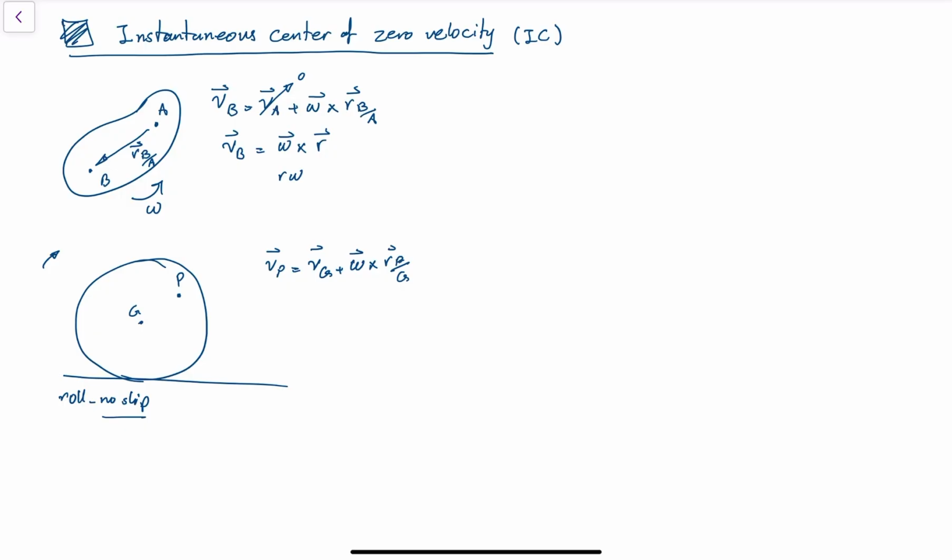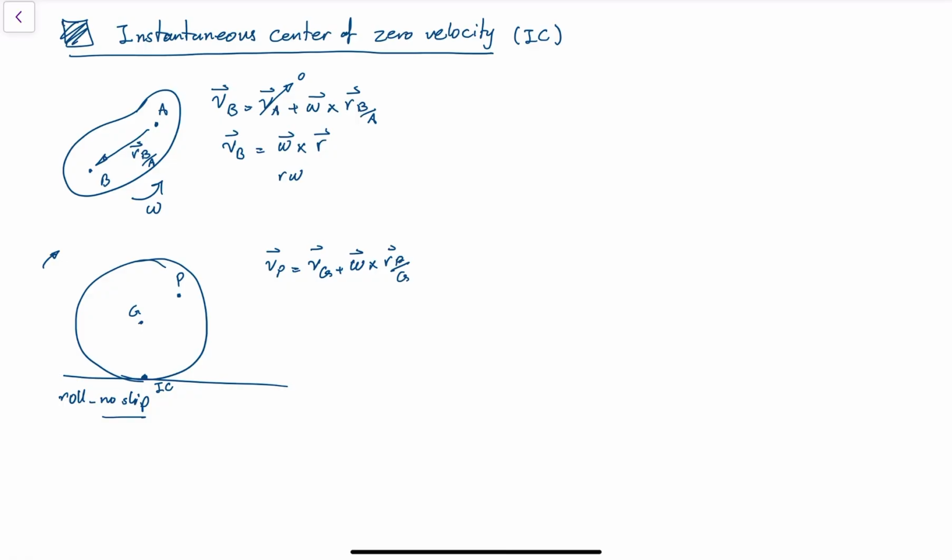No slip means that the point on the wheel that is attached to the ground does not move faster or slower than the ground. In other words, the point, let's call it point IC, on the ground, at this particular instant, has 0 velocity.